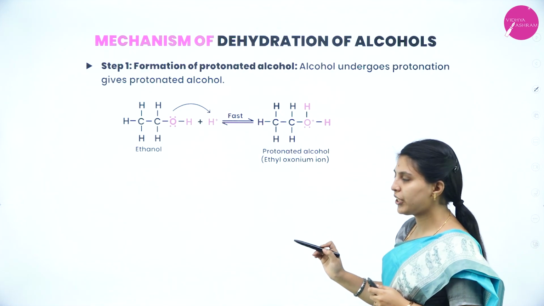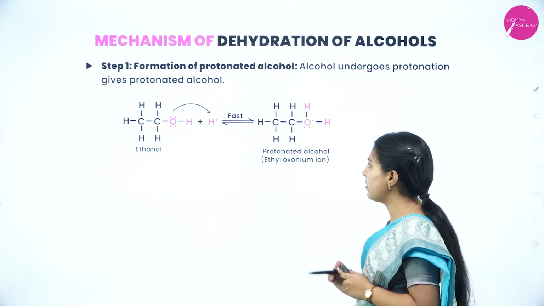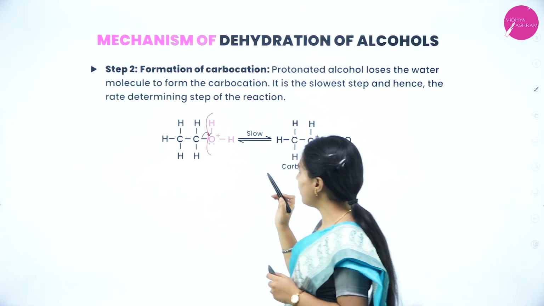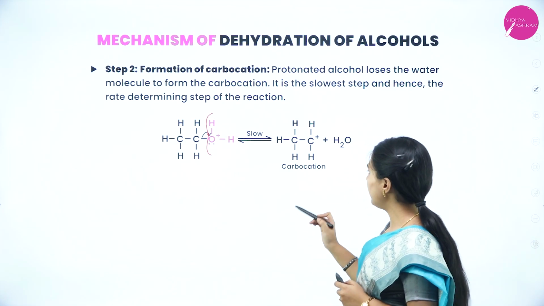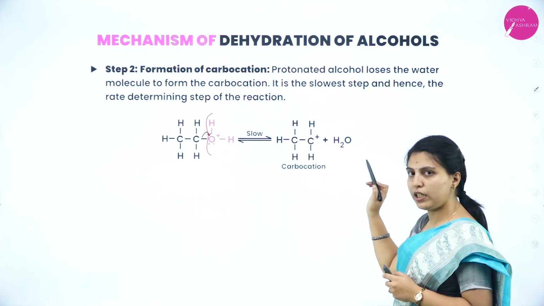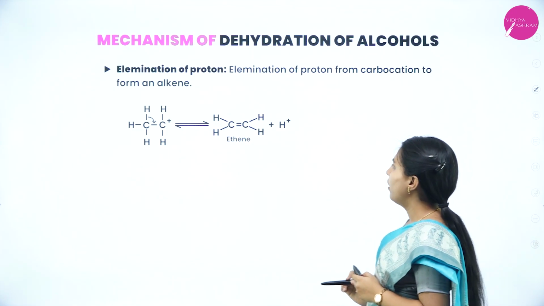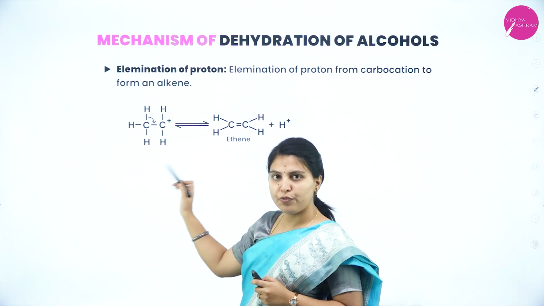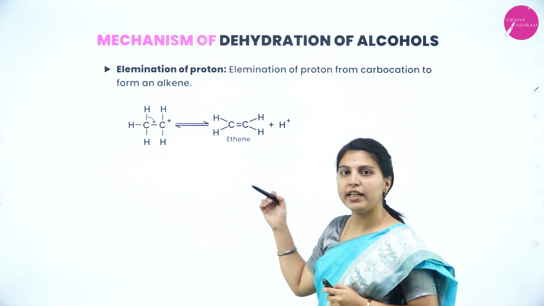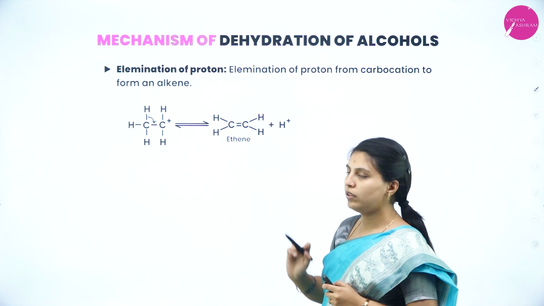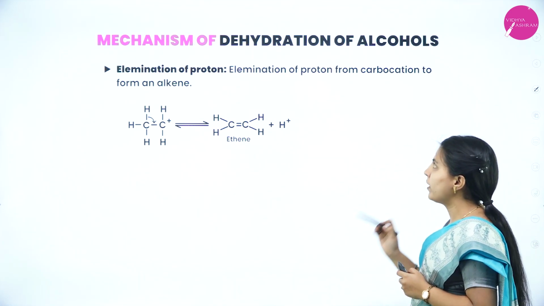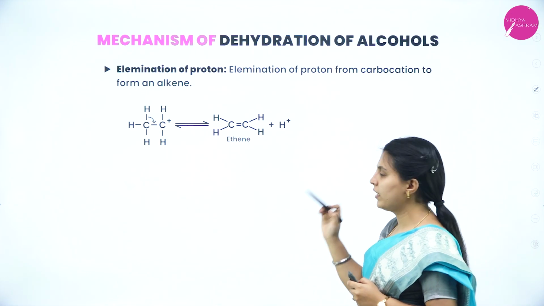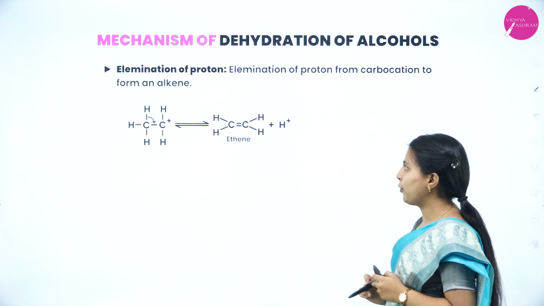This is a fast reaction and here protonated alcohol can be seen. From that protonated alcohol, removal of water molecule can be seen and carbocation will form. When carbocation is formed, elimination of proton occurs and ethene will be formed. That is how from dehydration of alcohols, alkenes will be produced.